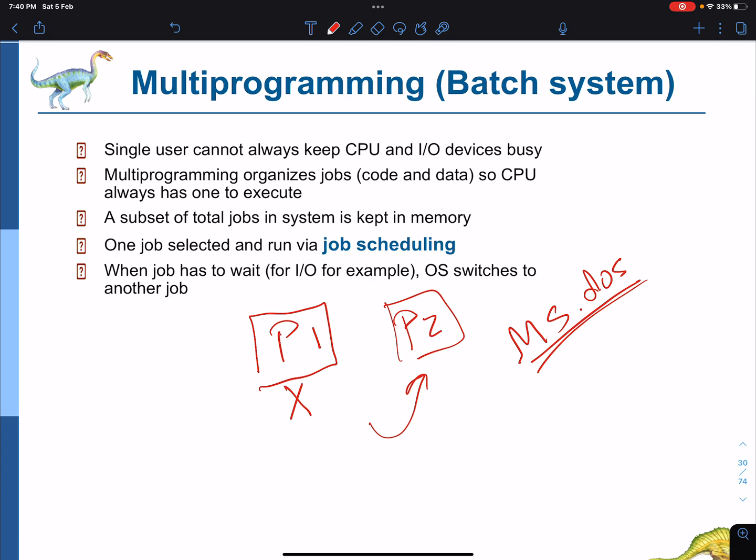Of course, in DOS, we used to hack that in the 90s by having something called terminate and stay resident, TSRs. I used to program that all the time back then, TSRs, which literally override the mechanism and keep switching between two programs.